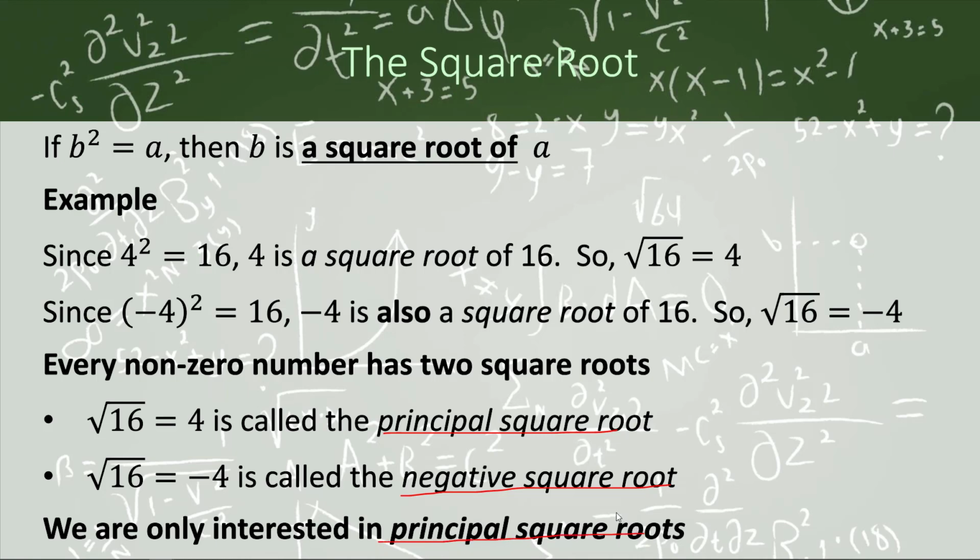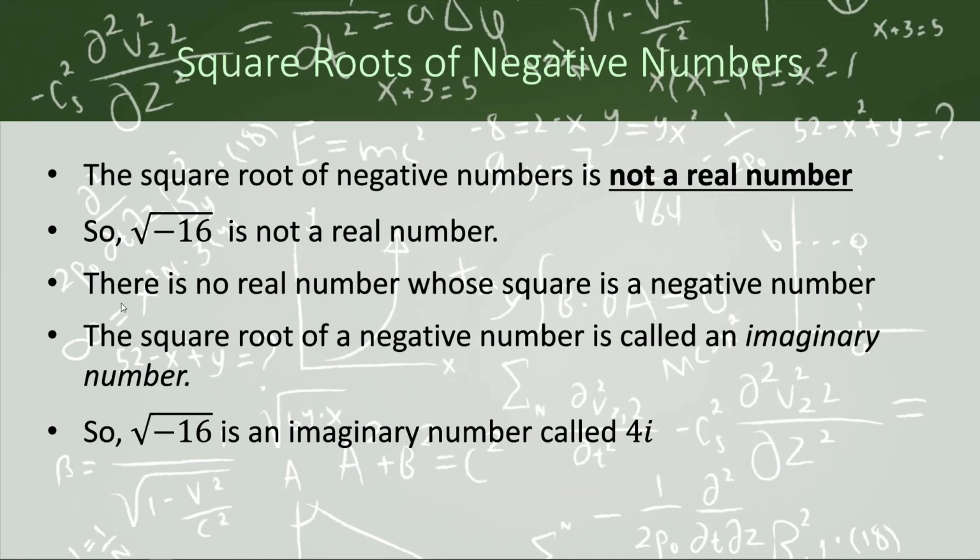Now keep in mind, when we were talking about this, I interjected the word every positive number has 2 square roots. And actually, if it's positive, that implies that it's not 0, because 0 is neither positive nor negative. Well, what happens if the number happens to be negative? Well, the negative number does indeed have a square root. However, that number is not a real number.